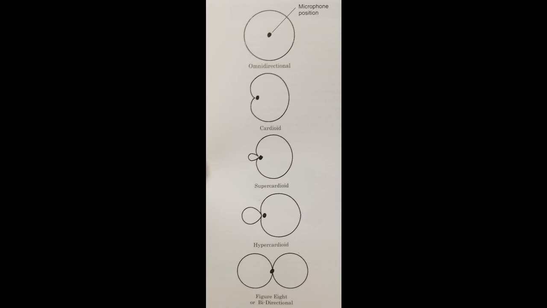The cardioid, however, is the most commonly used and seen by anyone who's wearing a microphone. If you've seen just about any kind of interview or news reporters, they'll typically have a little lapel clipped with a microphone on them.